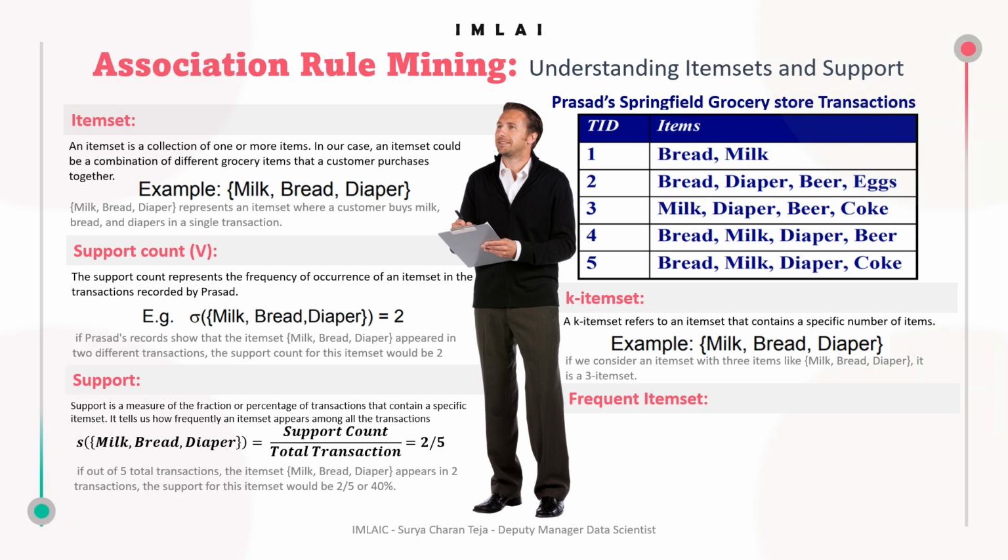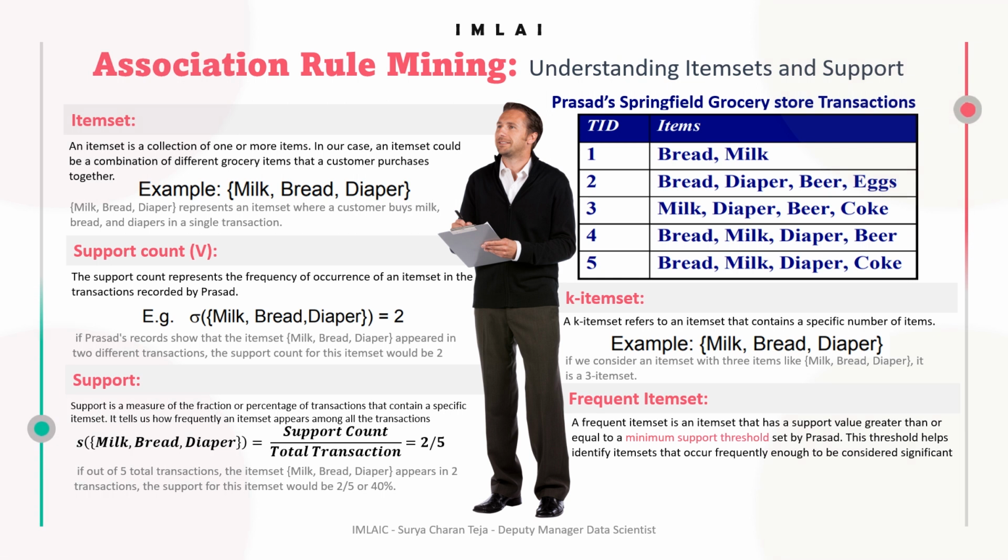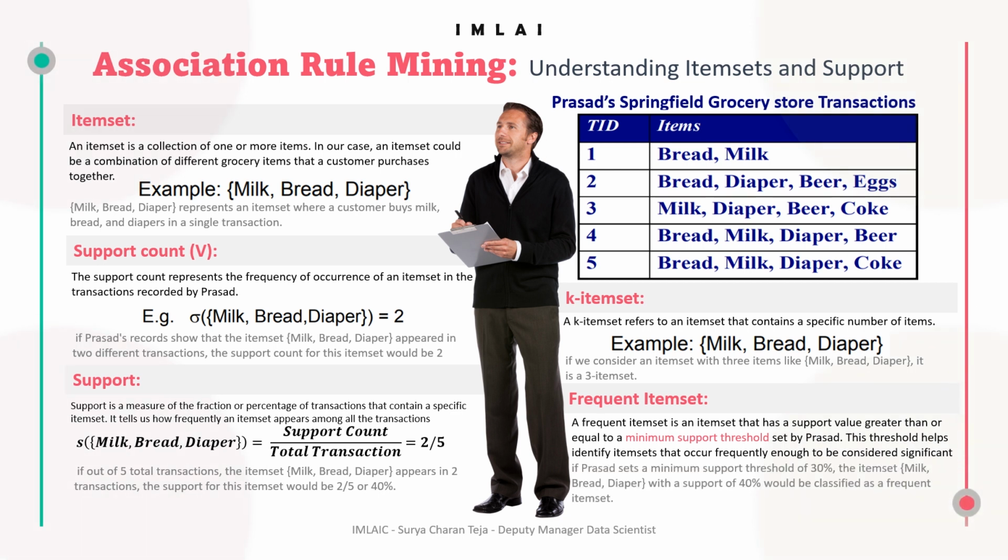This threshold helps identify item sets that occur frequently enough to be considered significant. For instance, if Prasad sets a minimum support threshold of 30 percent, the item set milk, bread, diaper with a support of 40 percent would be classified as a frequent item set.